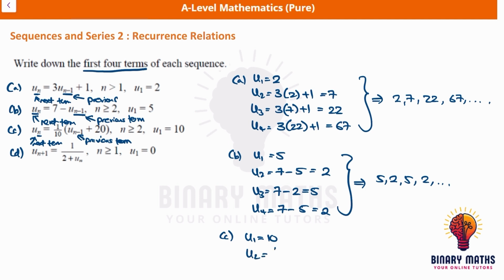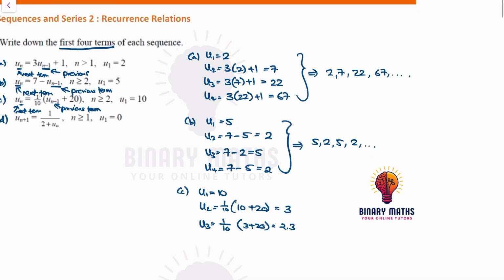So u2 will be equal to 1 over 10 times the previous term, which is 10, plus 20, which is 30 divided by 10, which is 3. u3 will be 1 over 10 times the previous term, which is 3, plus 20, which is 23 divided by 10, which is 2.3. u4 will be equal to 1 over 10 times the previous term, which is 2.3, plus 20, which is 22.3 divided by 10, which is 2.23.